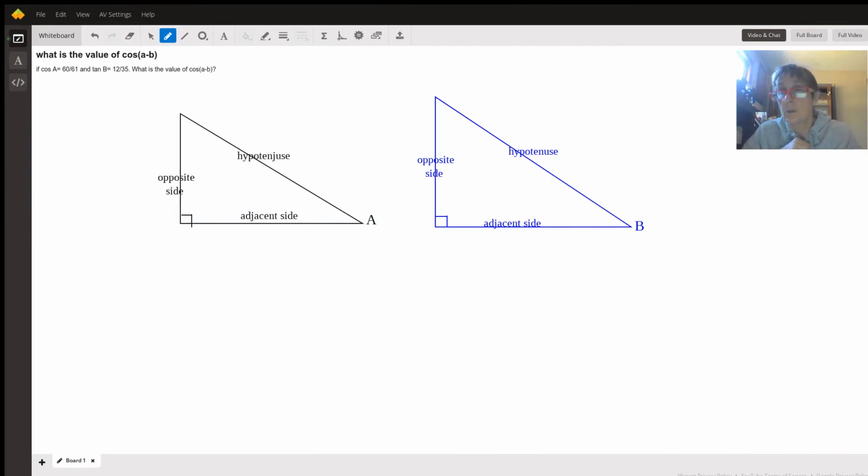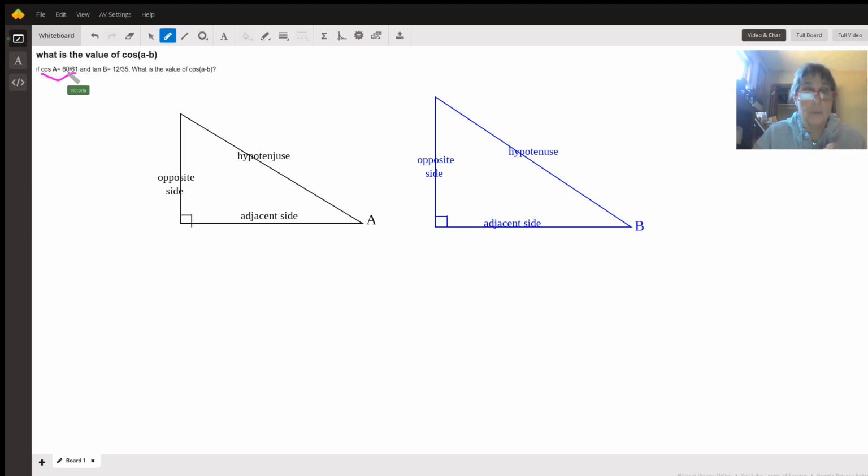We're working with sums and differences of trig functions, and in this particular case, they want us to find the cosine of A minus B. They have told us that the cosine of A is 60 over 61.